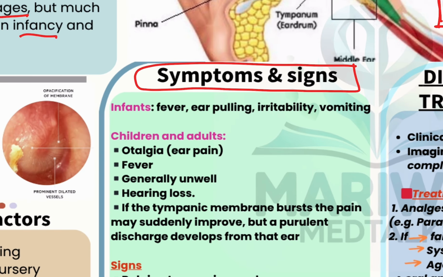Symptoms and signs. We can divide the symptoms into symptoms in infancy and symptoms in older children and adults. In infants, the symptoms are mainly fever, ear pulling, irritability, and vomiting.